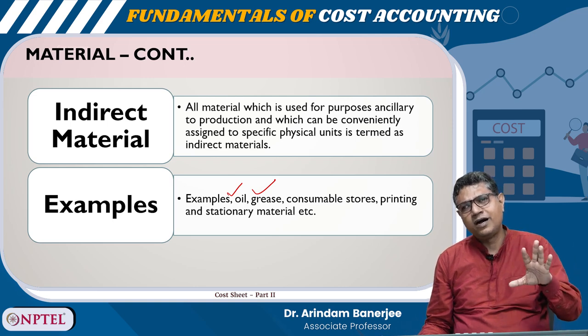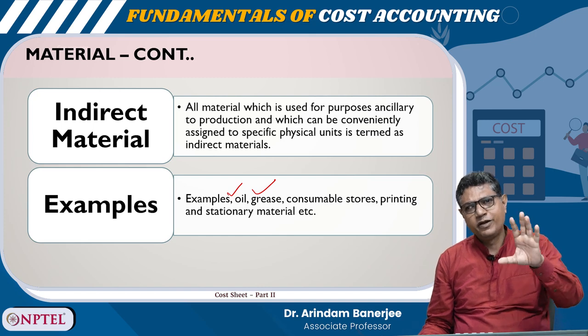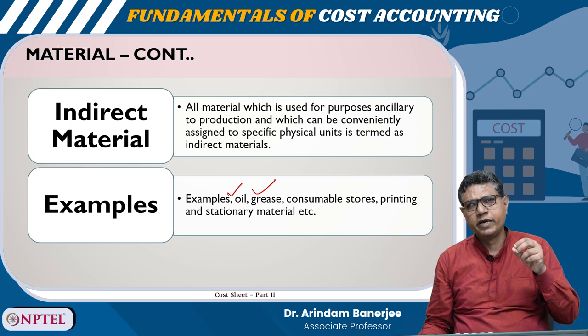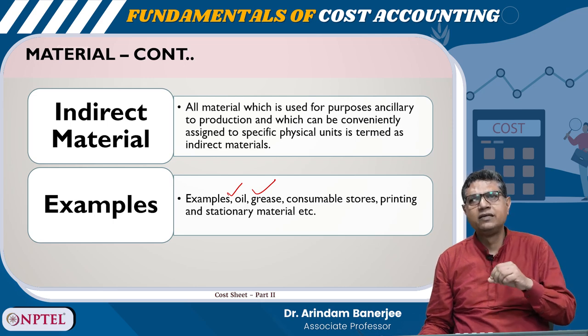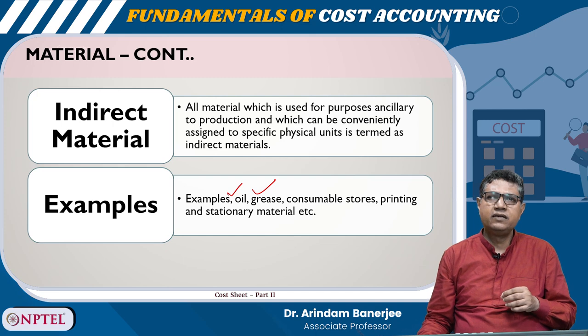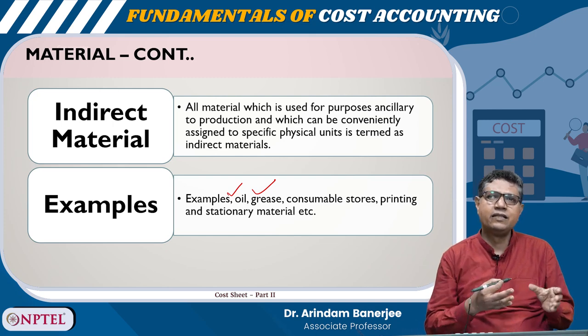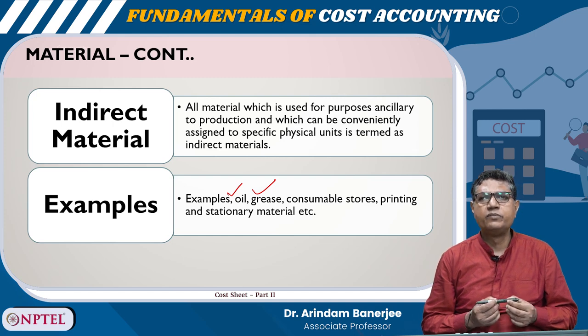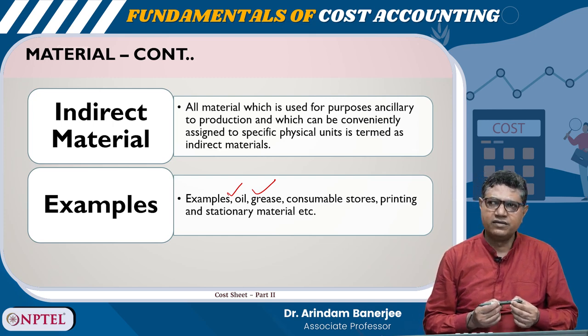For all cars, the gears are manufactured in a particular gear cutting machine. In the gear cutting machine, lubricating oils and greases are used. So it is very difficult to directly assign that to a particular model of car. This is an example of indirect material.